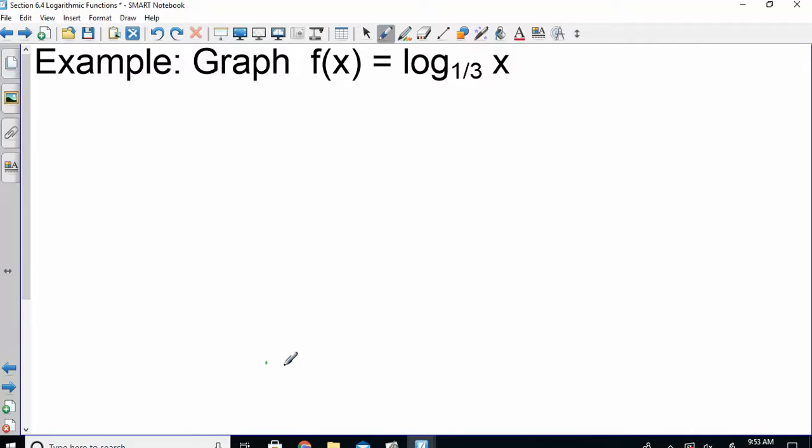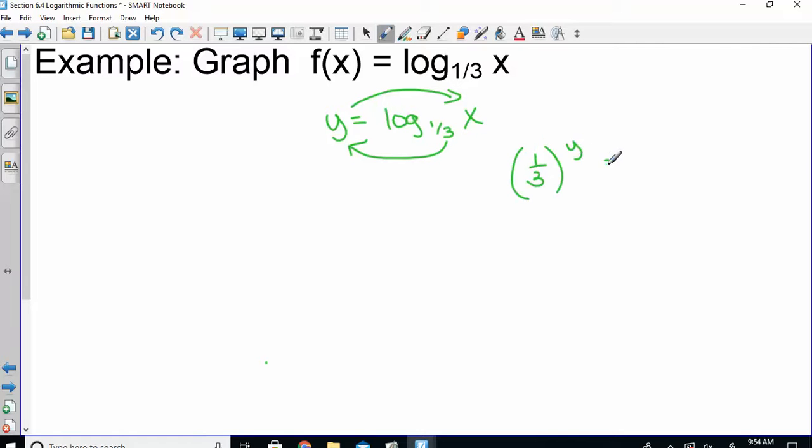Okay, so if I wanted you to graph this, f of x is the same as y. So if we change that to exponential form, it's 1/3 to the y power equals x.